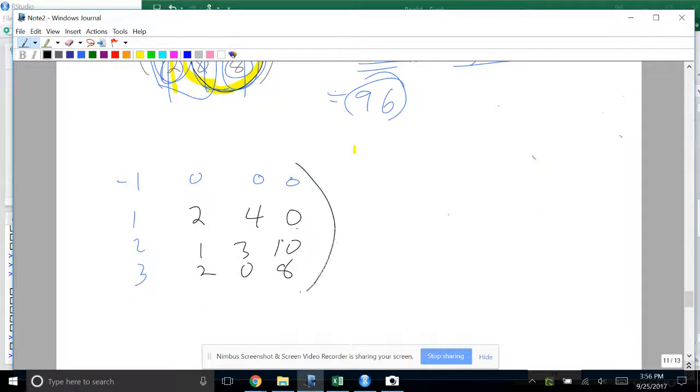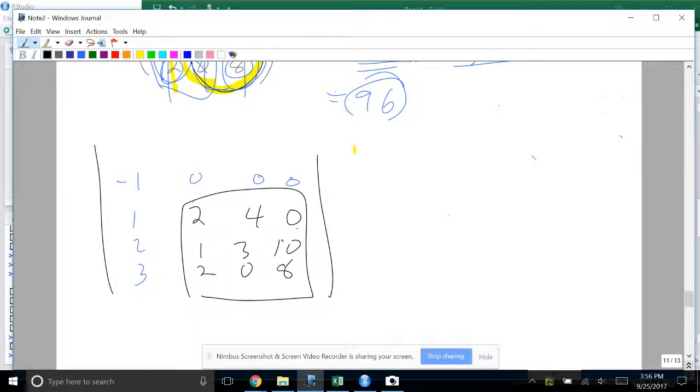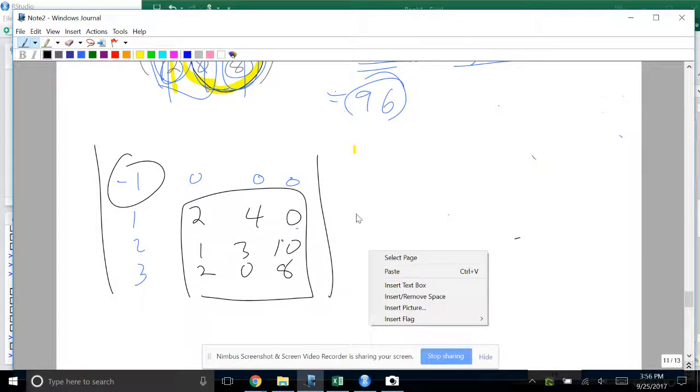If I take the determinant of this matrix, I know the determinant of this thing right here. So I take my value right there, which is the negative 1.